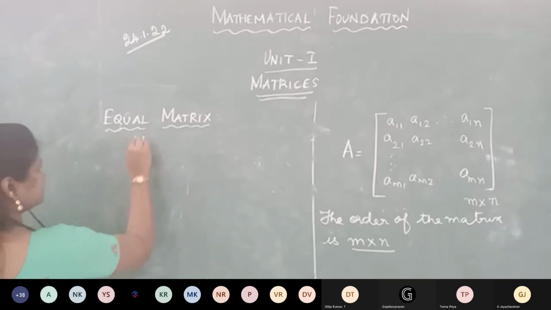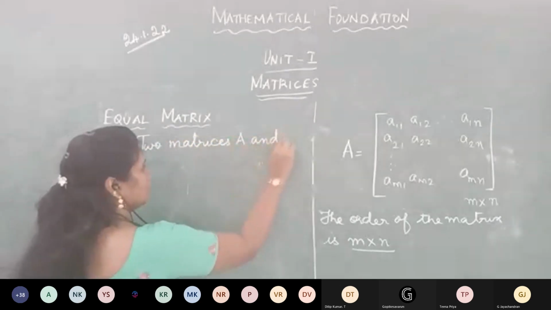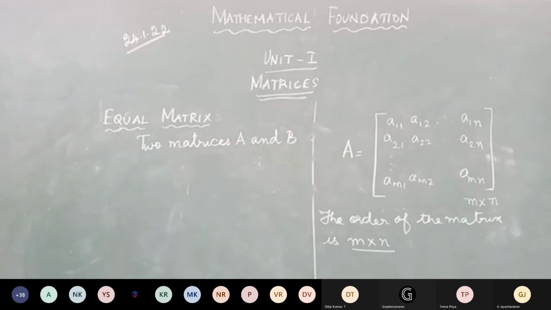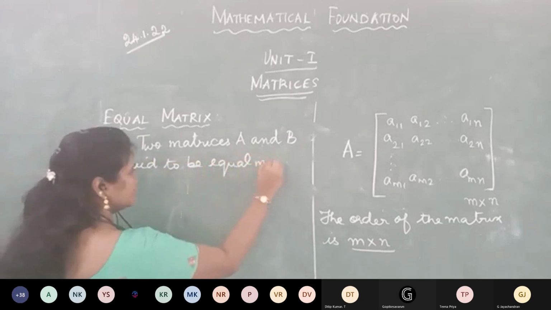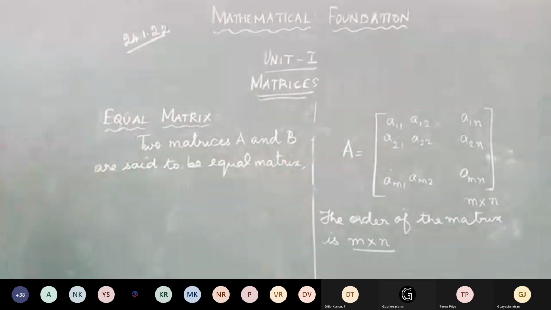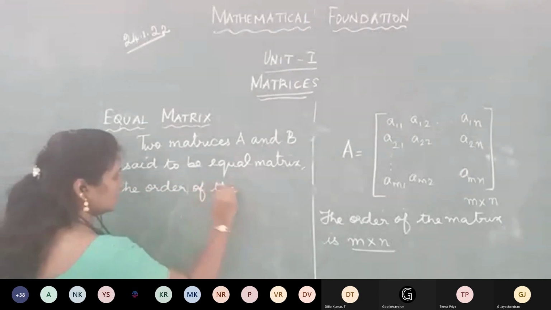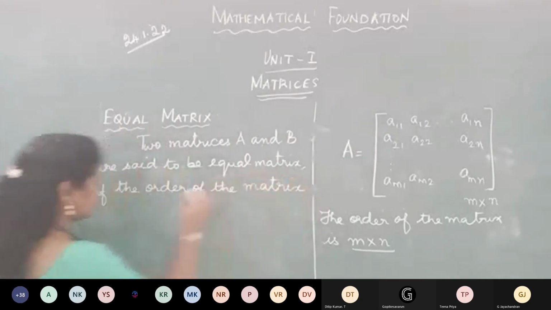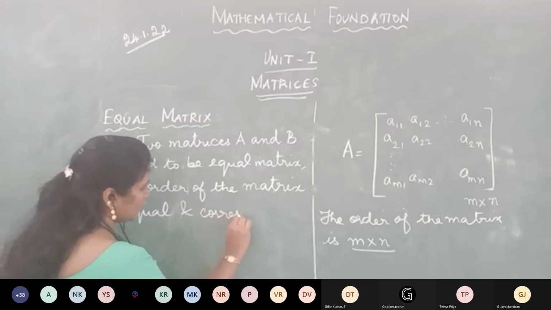Two matrices A and B. Matrices A and B are said to be equal matrix if the order of the matrix is equal and also the corresponding elements are same.